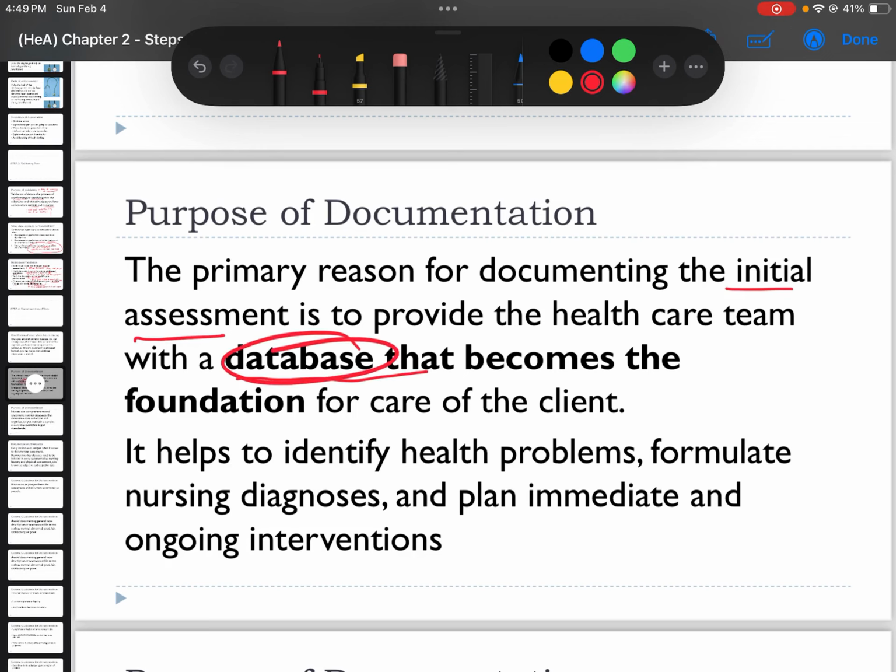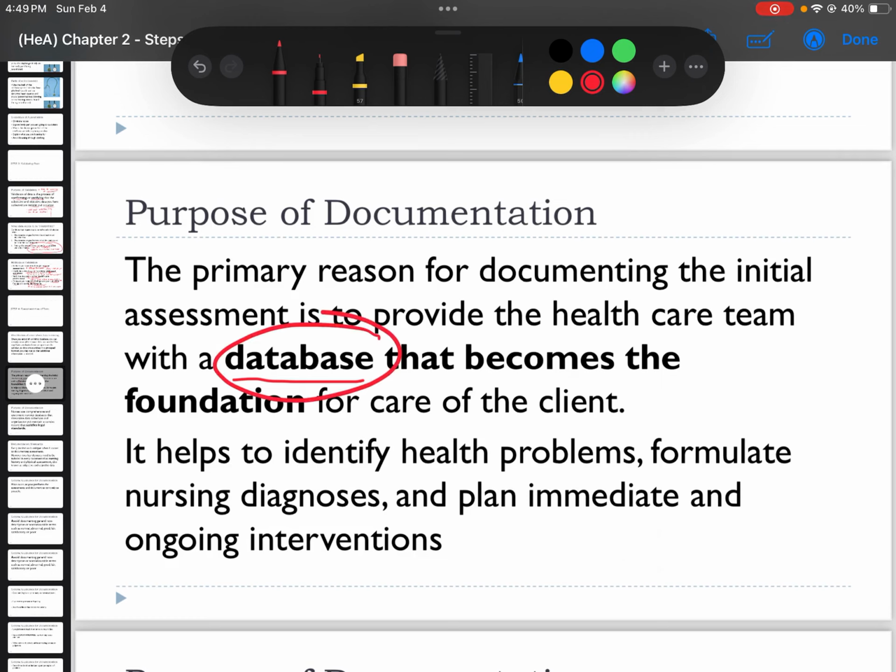Database, or what we call our baseline data, that becomes the foundation for the care of the client. This documentation helps us diagnose or identify health problems, formulate nursing diagnosis, and plan immediate and ongoing interventions. Now, do not get confused, class. What is the real purpose? The real purpose is to create a database that becomes a foundation.